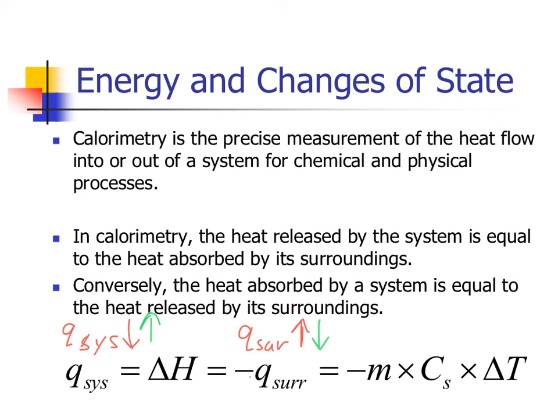Usually what we see is that the surroundings, water, is going to gain some heat, and therefore that means that the system is losing the heat. Now, the amount that the surroundings goes up is the same that the system goes down. And it's the same for the other way. If the surroundings heat goes down by a value, that's the same amount of energy that the system goes up with that.